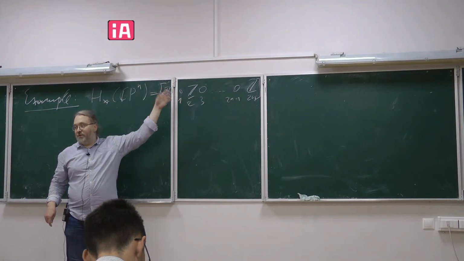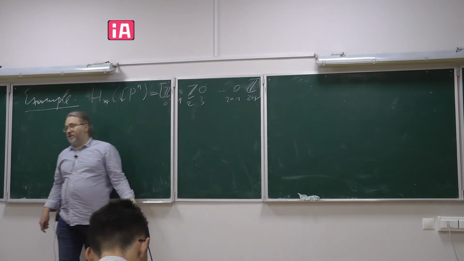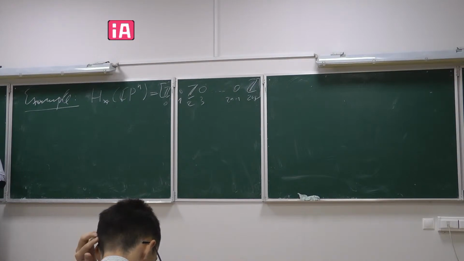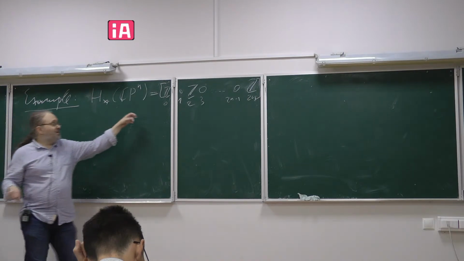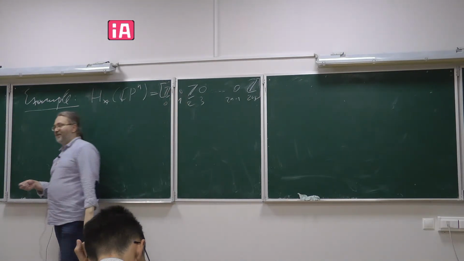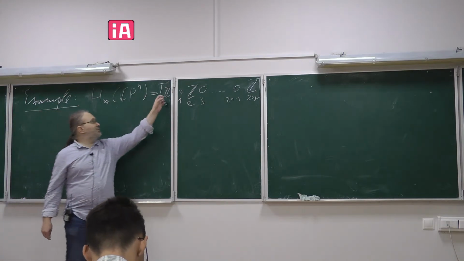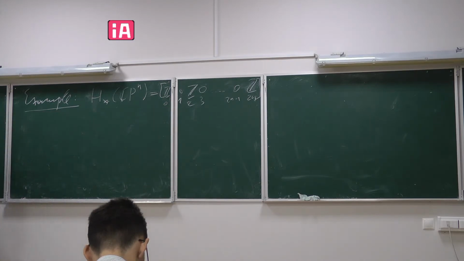All odd groups are 0, and all even ones from degree 0 up to 2n are Z. So you just write in a row the consecutive homology. Yes, the non-zero ones. But you also write here the 0 ones, eventually some of them, because they're between. The homology groups greater than 2n are all zeros, so we don't write them, and the ones in negative degrees are also 0, and we don't write them either. Okay.